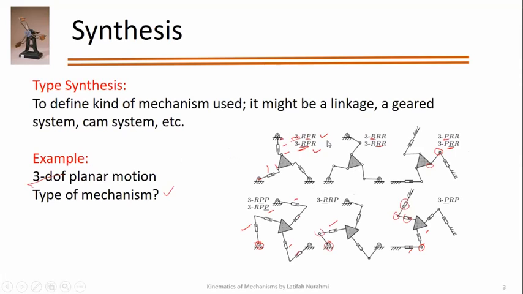And the axes of the revolute joints will always be parallel. Then only you will have planar motion. Otherwise, it will be in some other motion plane. Similarly, in the prismatic and revolute case, the axes of the revolute joints will be parallel, while prismatic joints will be perpendicular to that. Then only you will get this planar motion from these 3 degrees of freedom.